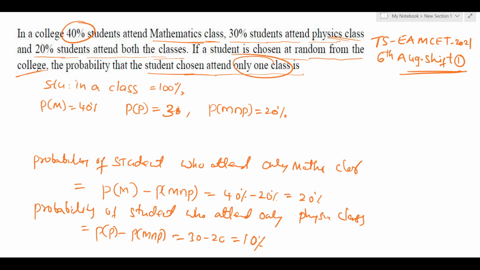The probability that the student chosen attends only one class is 20% plus 10%, that is 30%, which is 30 by 100, zero cancelled, equal to 3 by 10.